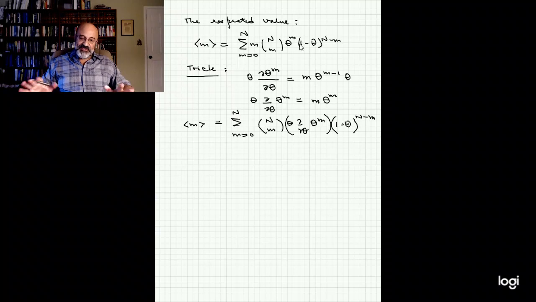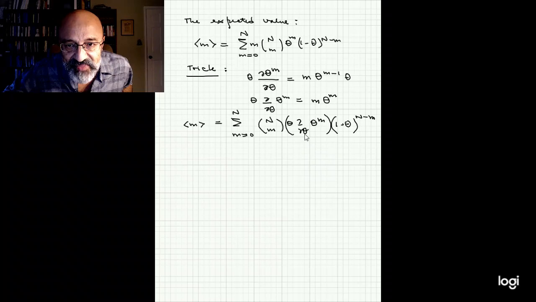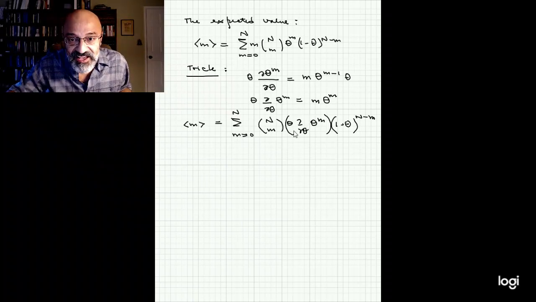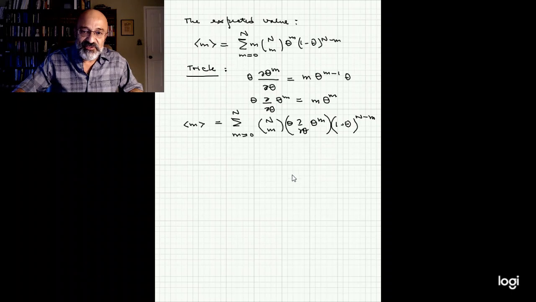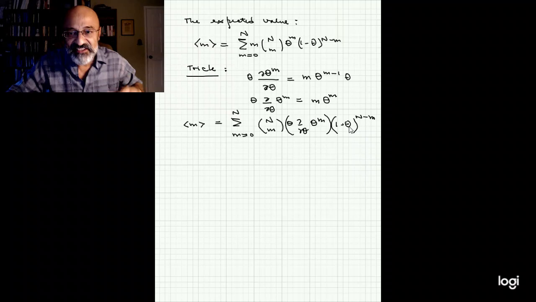So now you see we have a little bit of a problem here. The fact that this theta d/dtheta does not depend on m means that I have the possibility of pulling this outside of the sum and then doing the summation of what remains without having to bother about that m there. But obviously we can't do that, right? Because if we pull the d/dtheta out, then the d/dtheta will be acting not just on theta^m, but also on that (1 minus theta) factor there, and that's going to screw everything up.